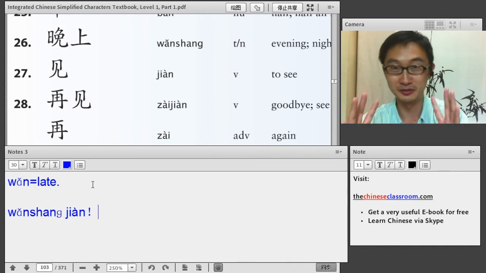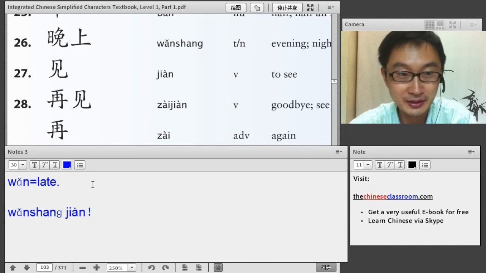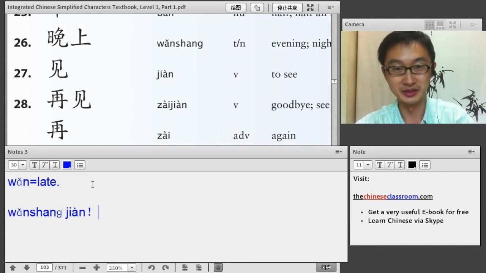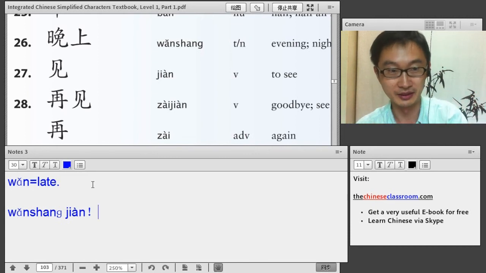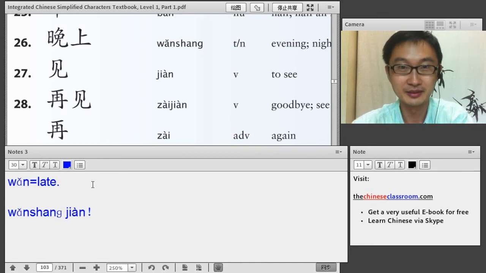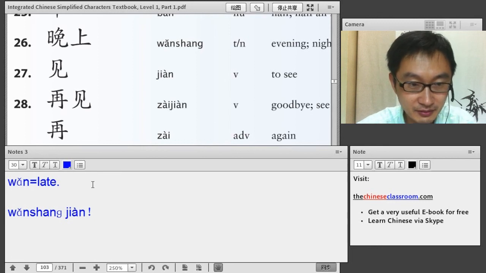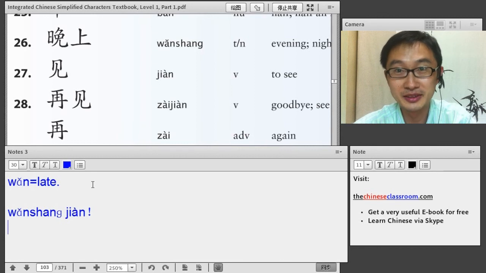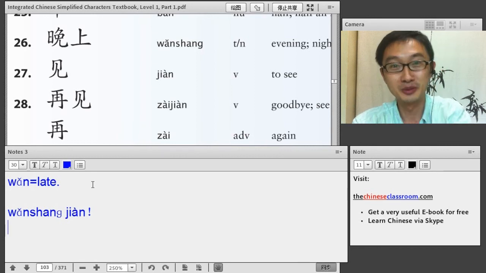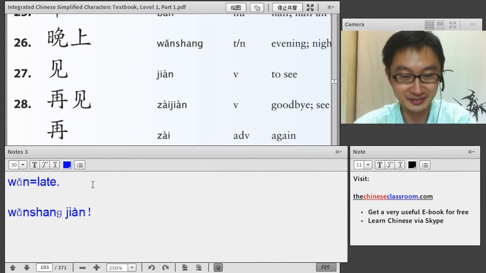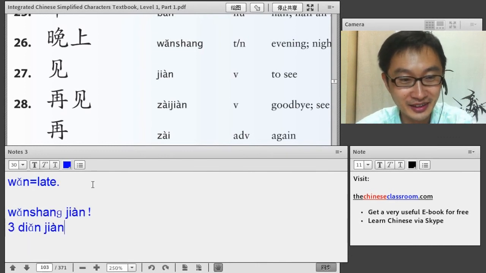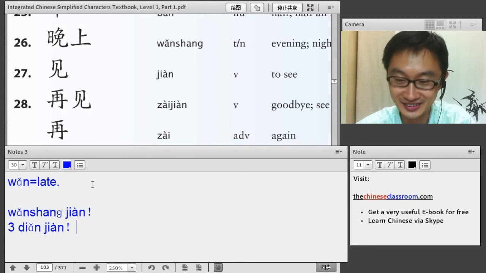So in this very short phrase, it's the same thing. We say time first, evening, then we say meet. Evening meet. It's kind of see you tonight. 晚上见. 好的. If, for example, see you at 3 o'clock, how do you say that? Definitely we say 3 o'clock, see. We say 3点见, like this.